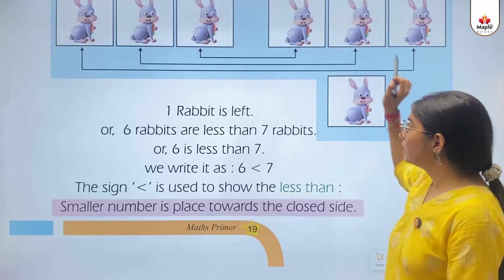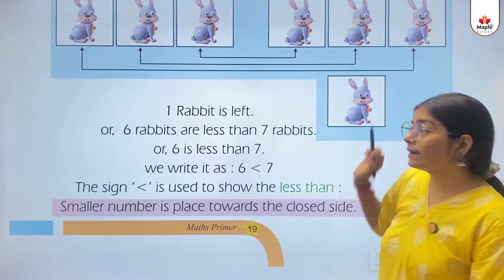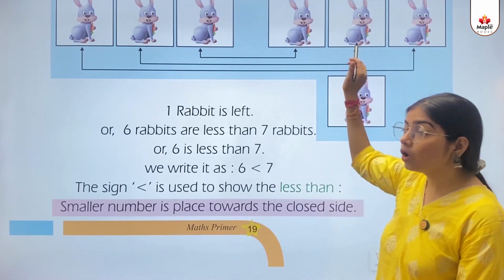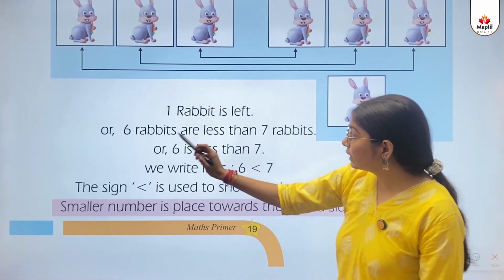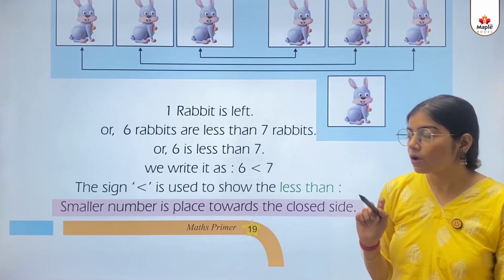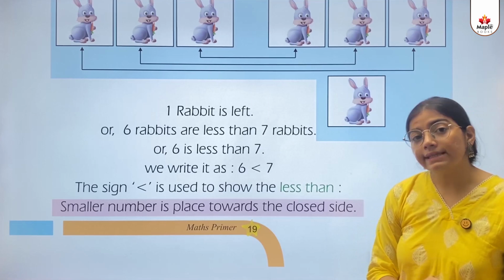We have already seen that there is 1 rabbit left in comparison. So this side is more or this side is less. So we can say 6 rabbits are less than 7 rabbits. Also we can say 6 is less than 7.